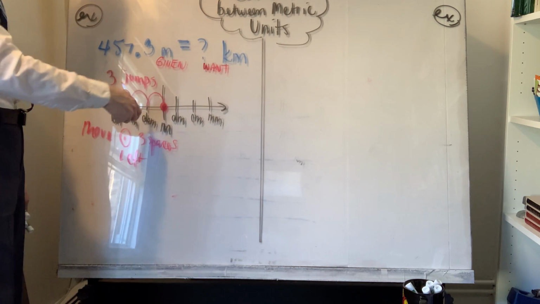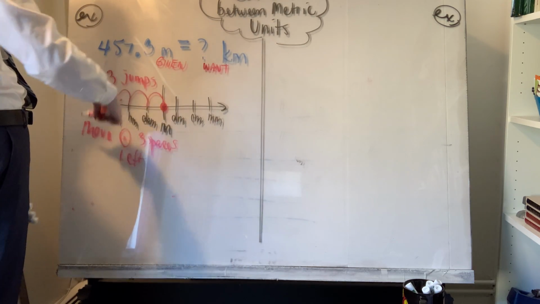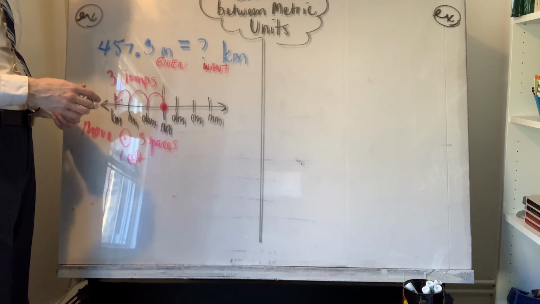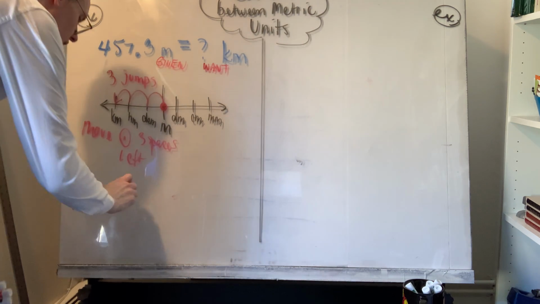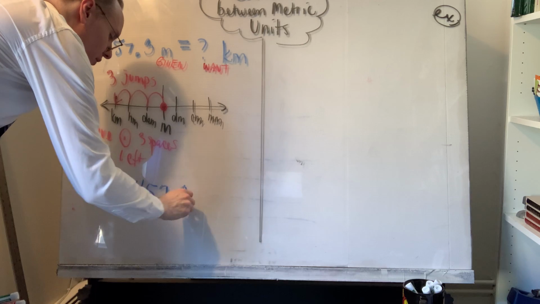It's that direction. Again, the horizontal scale is more intuitive in terms of where you're going to put your decimal point. That means that when you take your number up here, you're just going to emulate that process. 457.3.